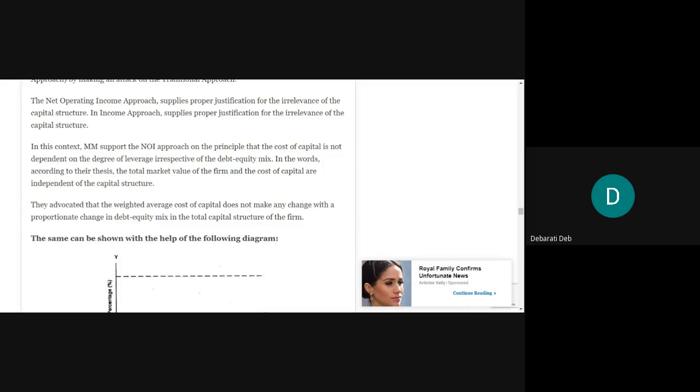In the NOI approach, we directly calculated the value of the firm by dividing EBIT by the overall cost of capital. So this segregation of the debt amount and equity amount was completely ignored, and thus the NOI approach justified that the capital structure has little relevance in determining the entire value of the firm.